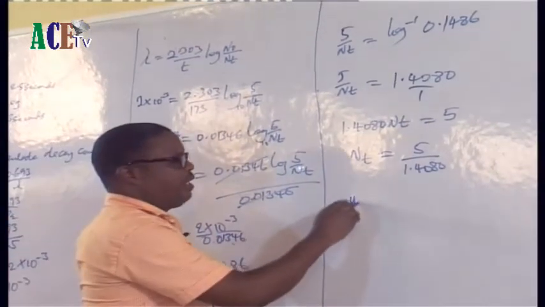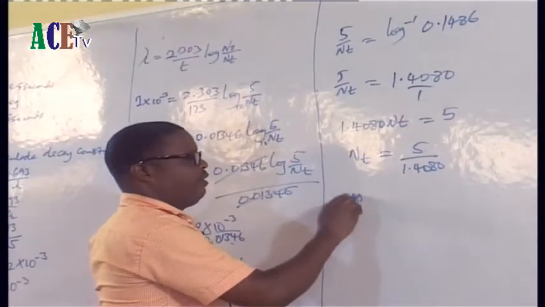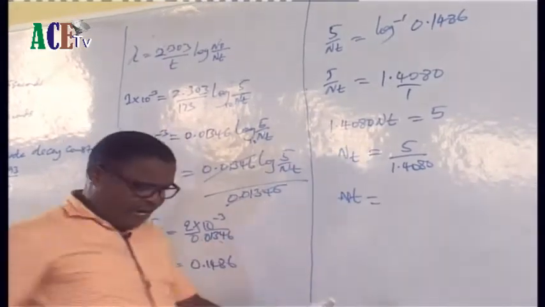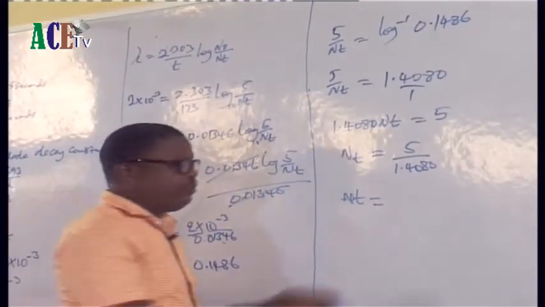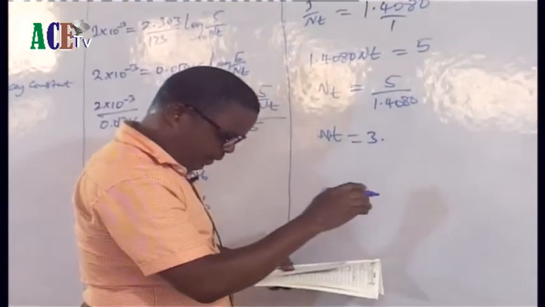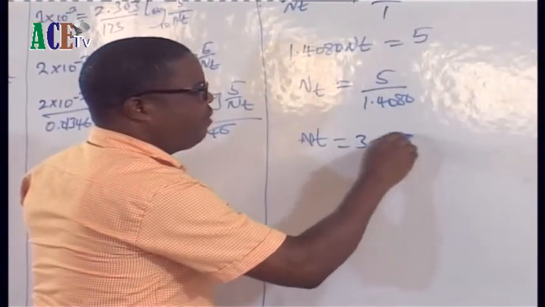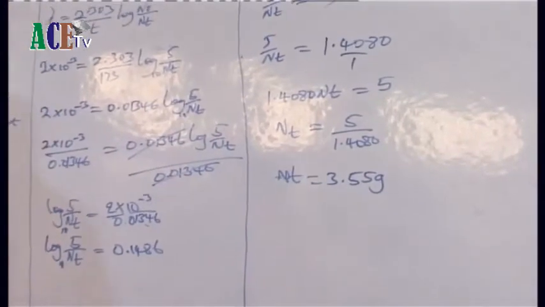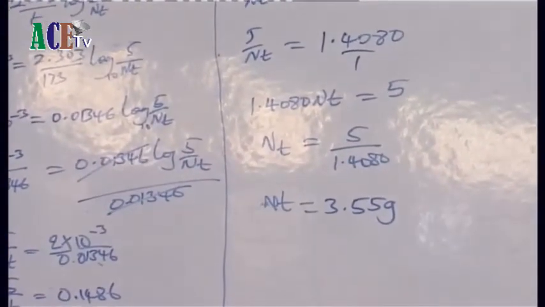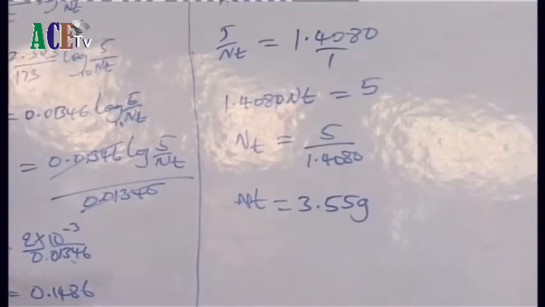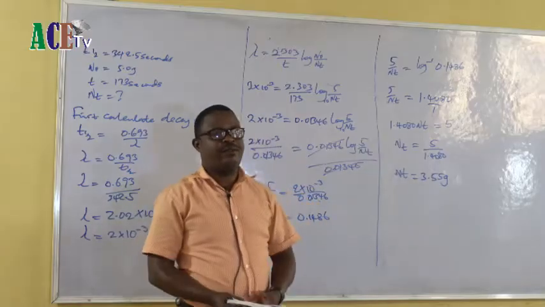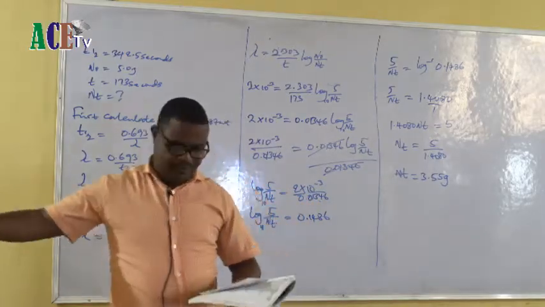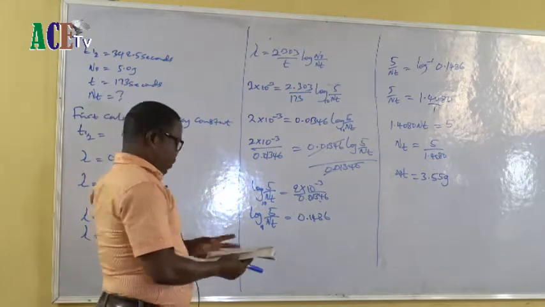So your nt now, when you divide that, is giving you 3.55 gram. So that is going to be the nt, that means the amount in gram that remains after time t.